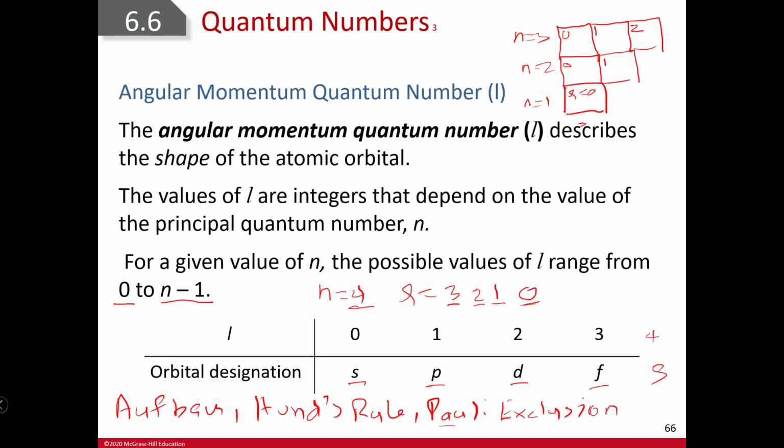The Pauli exclusion principle says no two electrons can have the exact same 4 quantum numbers in an atom. They can have the same 3, but they can't have the same 4.